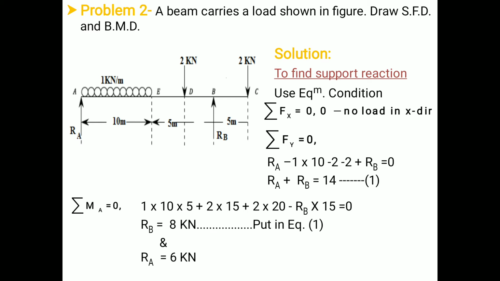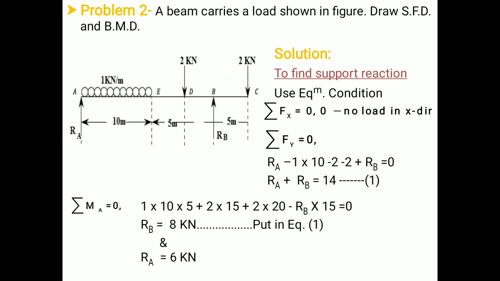So we have reaction at A, that is RA, which is acting in upward direction, therefore positive. Next we have UDL from A to E, and that UDL is 1 kN per meter. So UDL we have to convert into point load. After converting into point load, we have minus 1 into 10 because it is acting in downward direction.